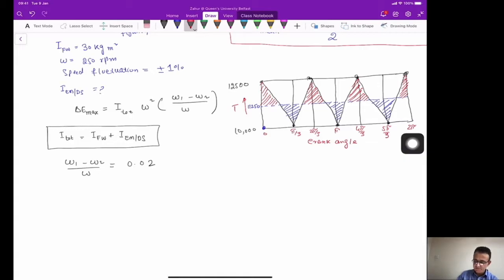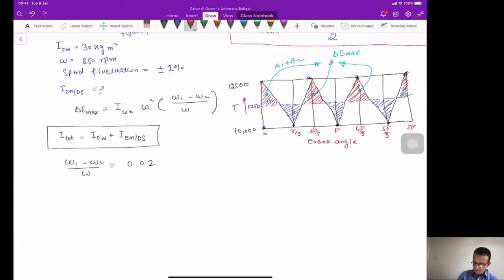So in this figure, all these areas, for example this area, is delta E maximum. Similarly, this area is delta E maximum, and if you add these two areas together, these are also delta E maximum. If you call this A1 and this A2, then adding A1 and A2 will become delta E maximum.